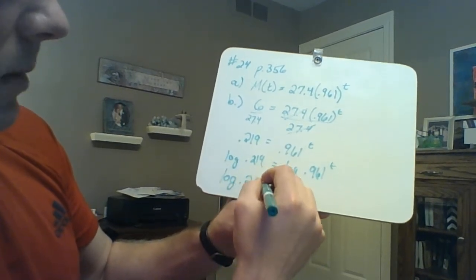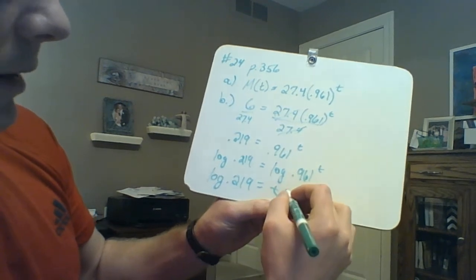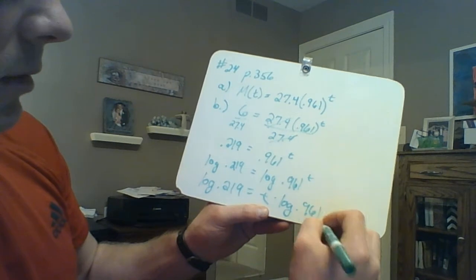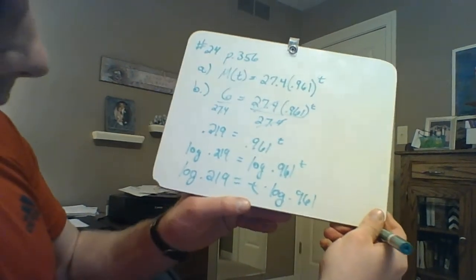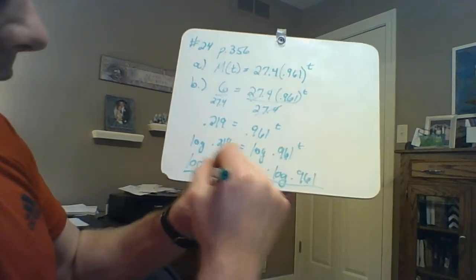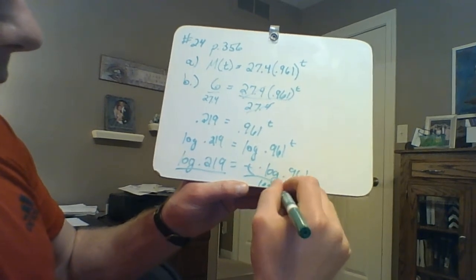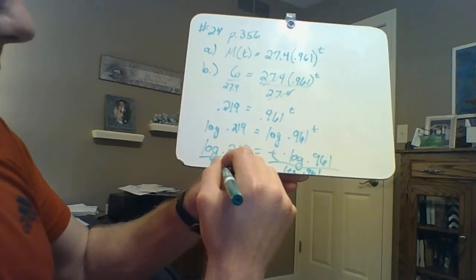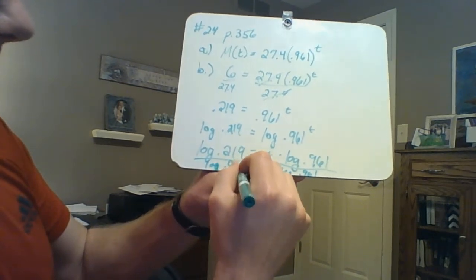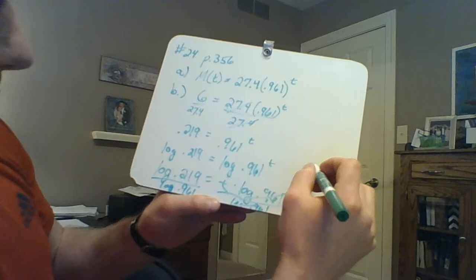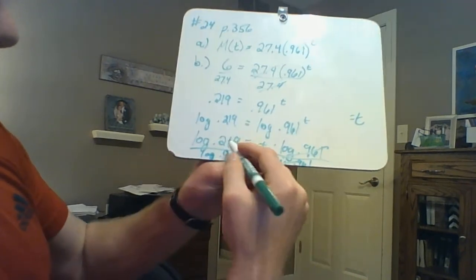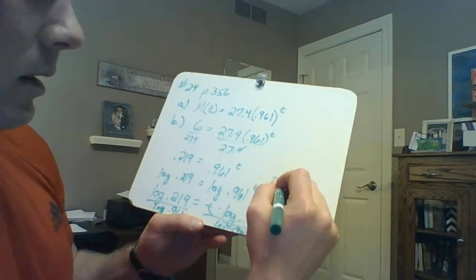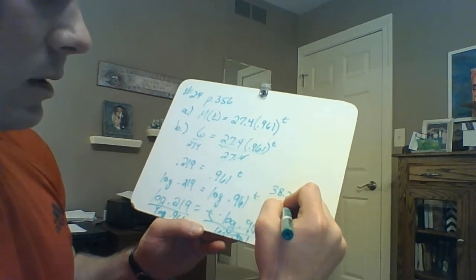That's the log rule. You'll see that in lesson 6.1 when you read that chapter. So it gets you to there. Then you're going to divide both sides by log 0.961. Sorry, it's getting kind of small and messy. And when you type that into your calculator, you come up with 38.2 years.